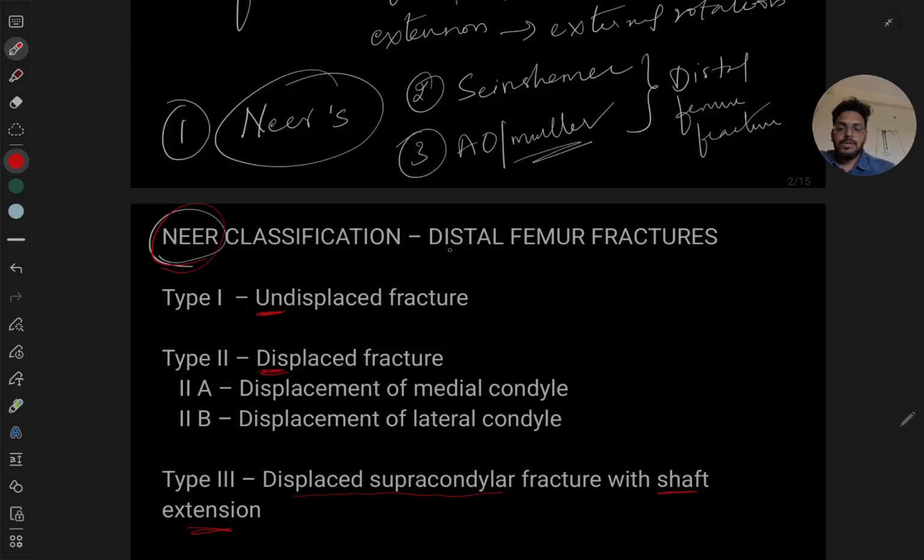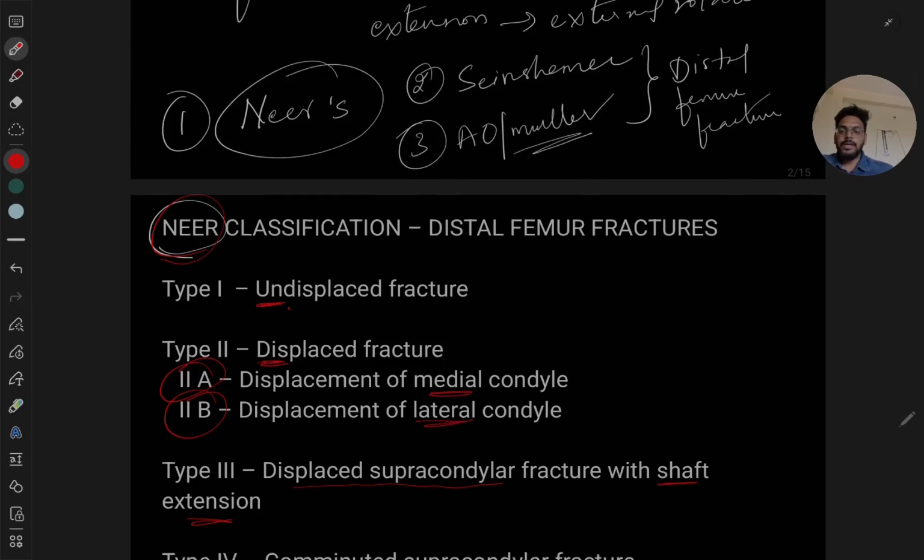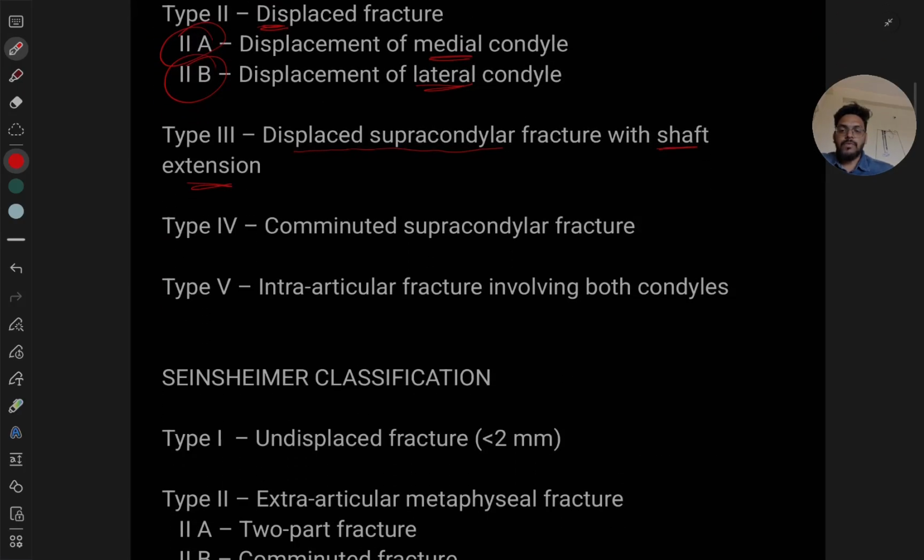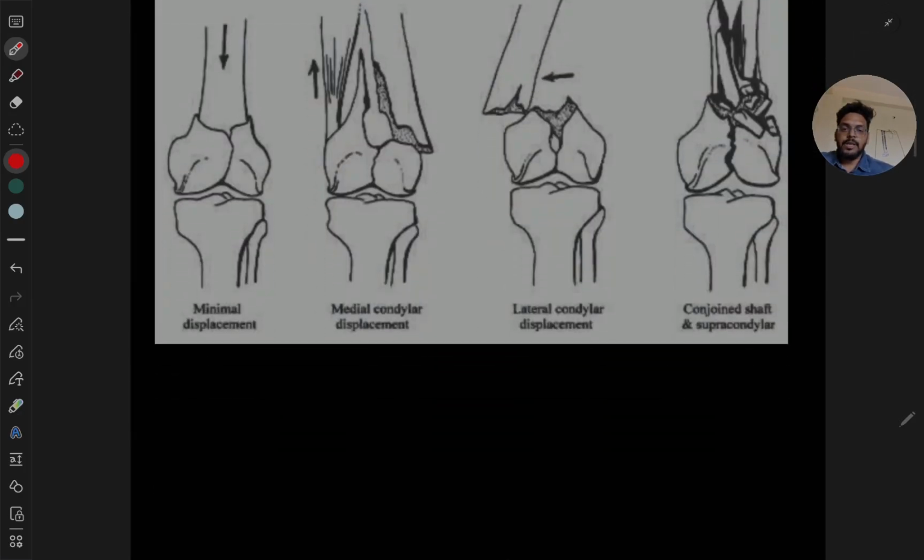So the fracture is undisplaced, type 1. The displaced medial condyle fracture is 2A. If the lateral condyle is fractured, it is 2B. If it is a supracondylar fracture with shaft extension, it is 3. Type 4 is comminuted supracondylar fracture, and type 5 is an intra-articular fracture with both the condyles. You can understand better in the image.